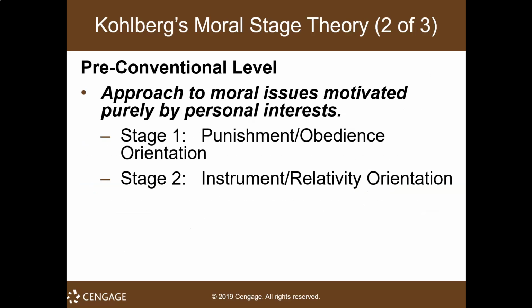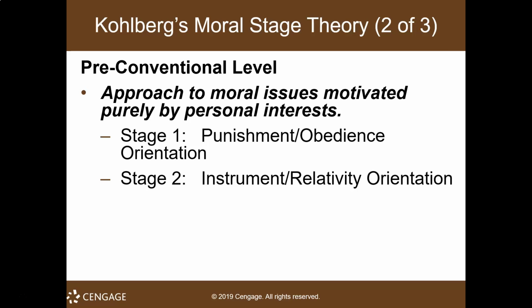So let's look at some of those quickly. This is stage 1, the pre-conventional level. Here the person approaches a moral issue motivated purely by self-interest. The major concern is the consequence of the action for this person.